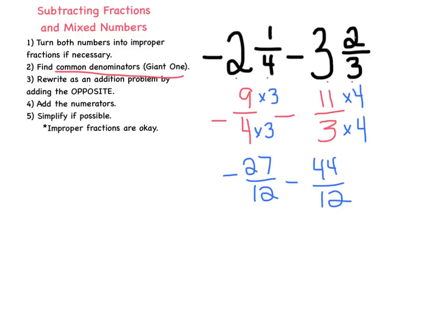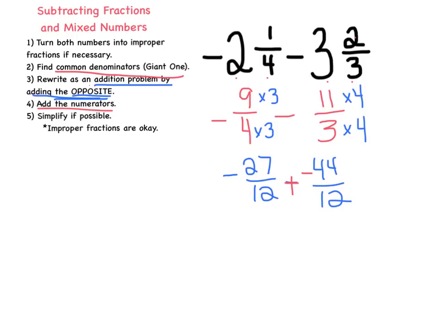Step 3, rewrite it as an addition problem by adding the opposite. So negative 27/12 stays the same. Instead of doing minus 44/12, we're going to add negative 44/12. And now we're going to just add our numerators and simplify. So I have negative 27 plus negative 44.